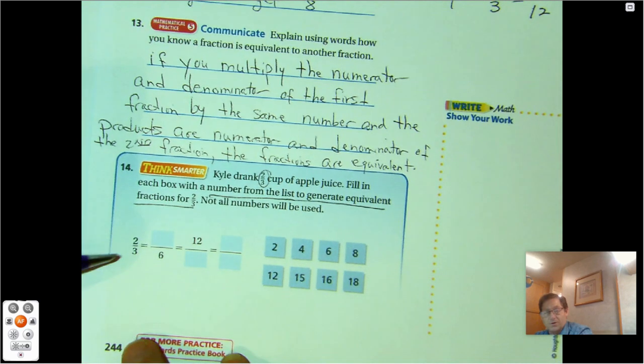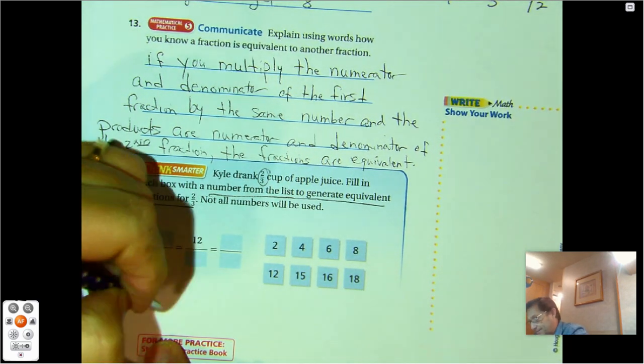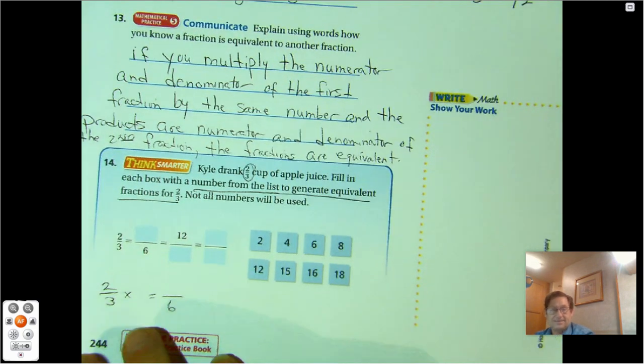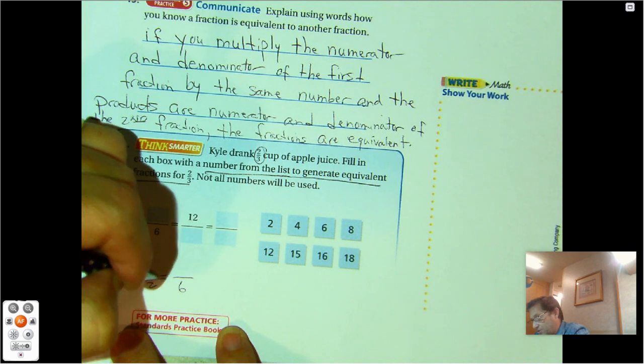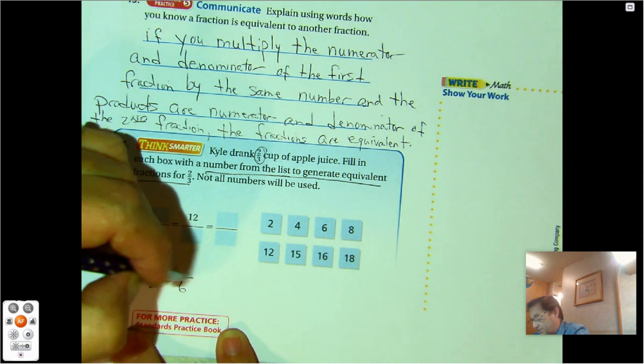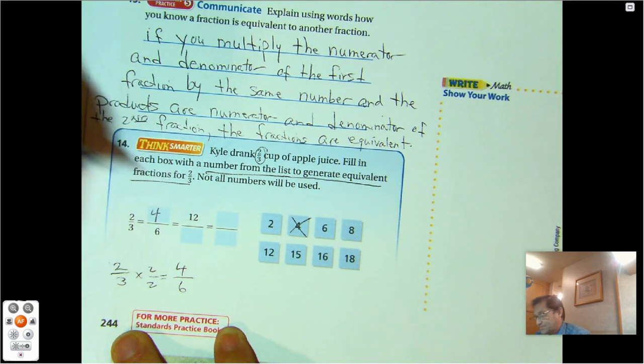All right, so 2/3. What did they multiply 2/3 by to get 6 equal parts? They multiply by 2, correct? So 2 times 2 is 4. So we're going to use 4/6.